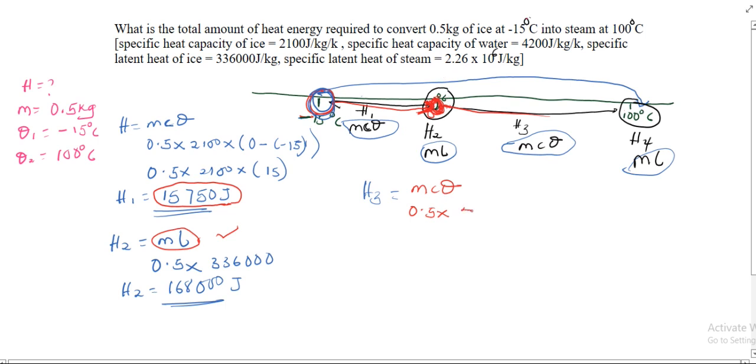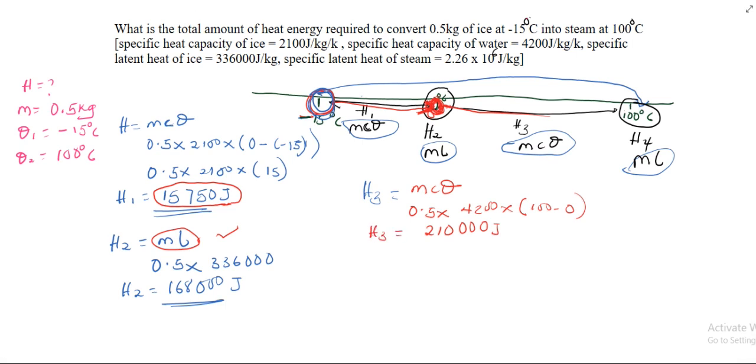Our c for water is 4200 multiplied by the change in temperature theta. It's moving from 0 to 100, so 100 minus 0. So 0.5 multiplied by 4200 multiplied by 100 equals 210,000. So we have 210,000 joules for our H3.